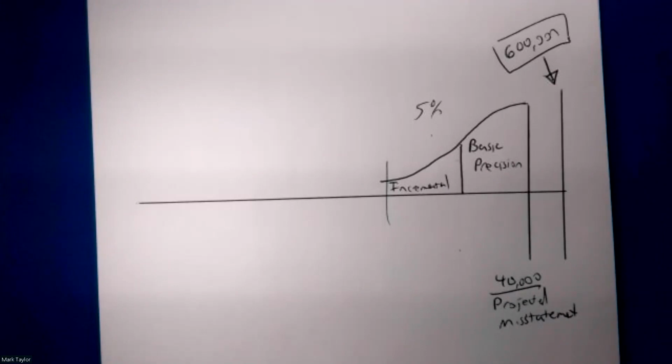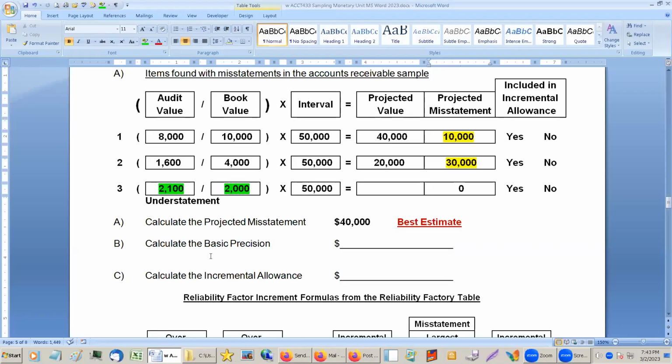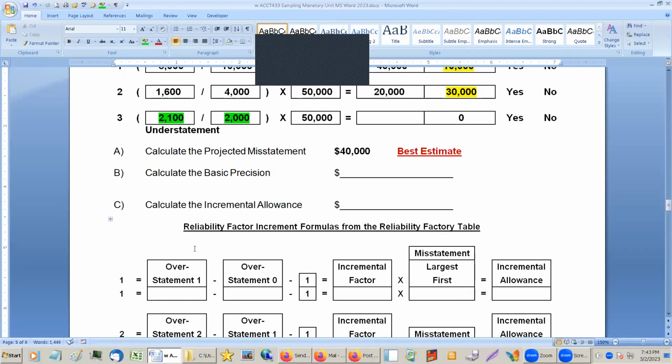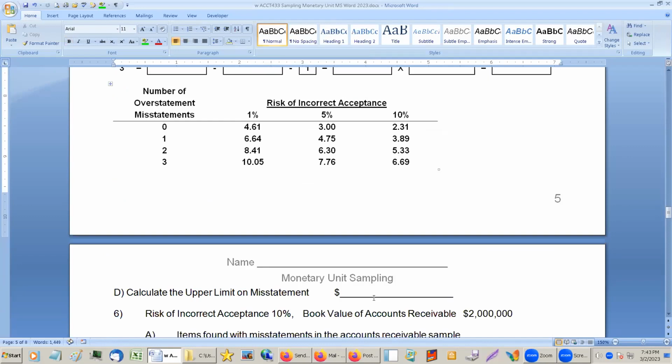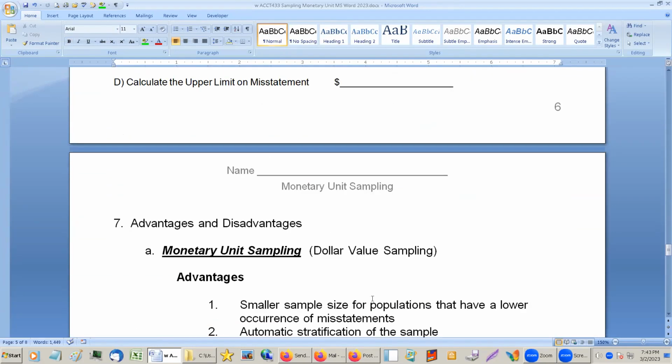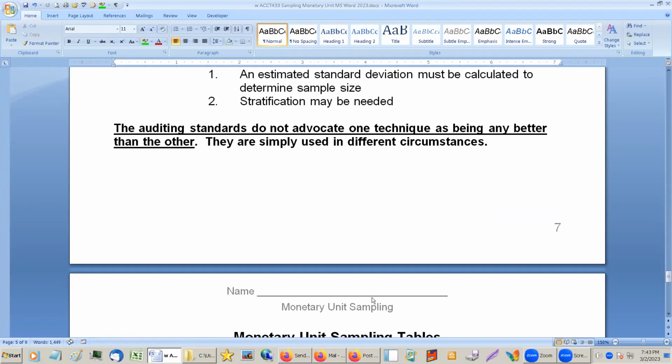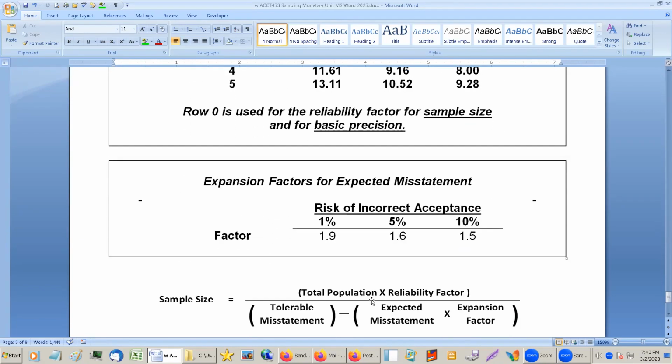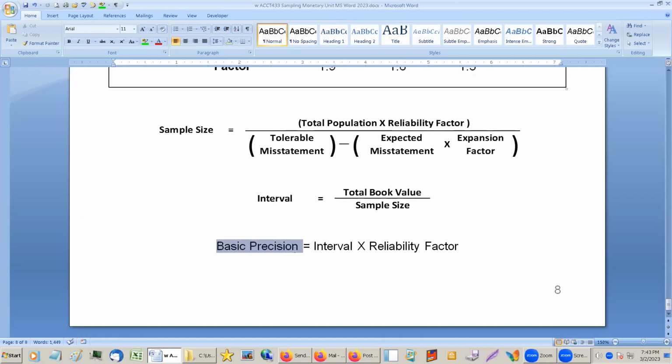I apologize for my poor camera work. Oh, that's not what I want. Okay. So basic precision. And basic precision is a long way down here, all the way down to the very bottom. Basic precision. I'm going to copy this. I should have this up there.